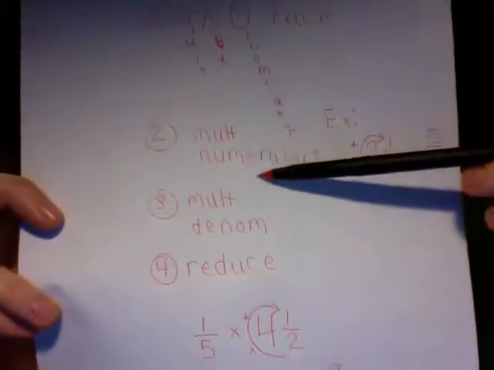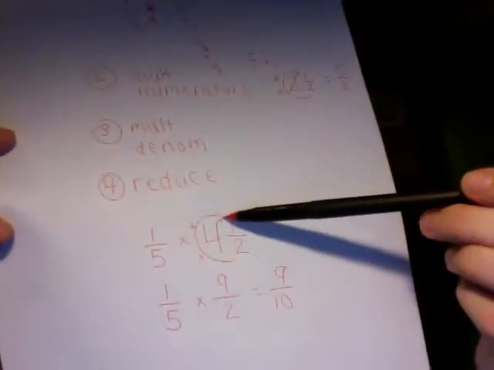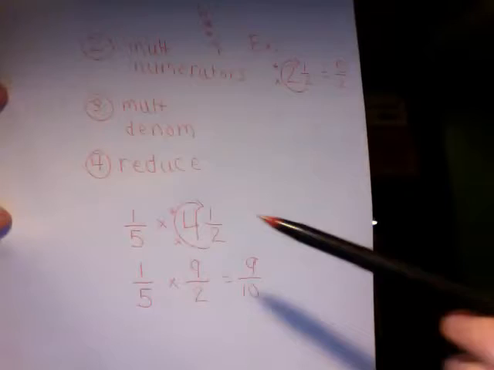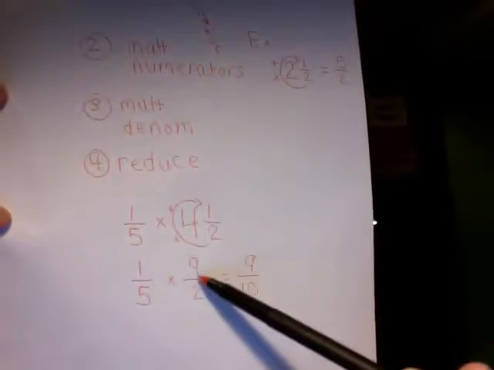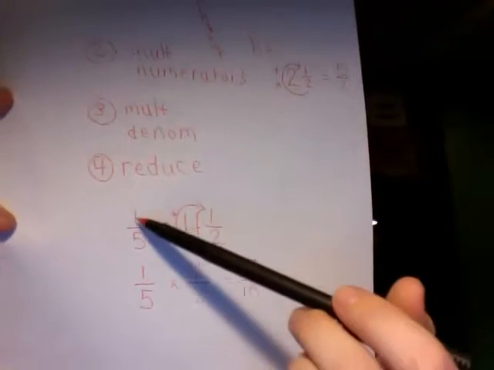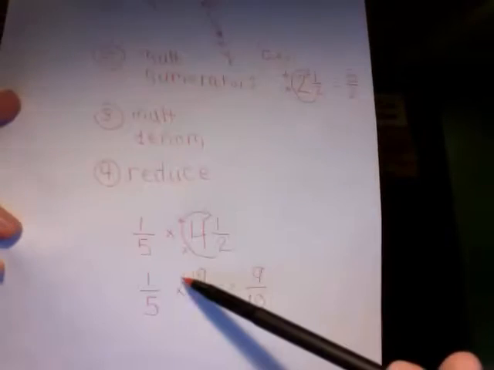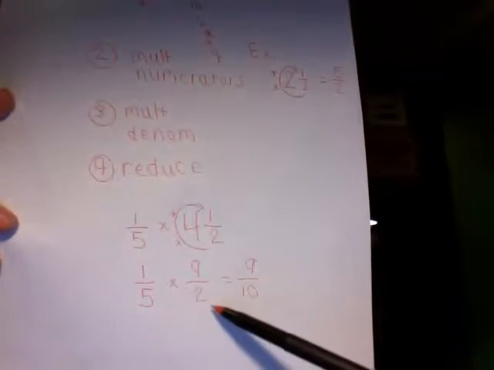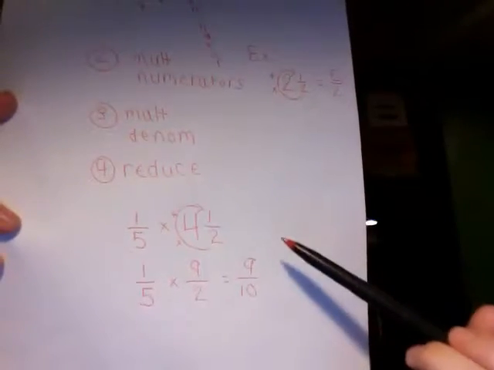Then you multiply numerators, multiply denominators, and reduce. So I MAD face 4 and 1/2 becomes 9/2. I leave 1/5 alone. 1 times 9 is 9. 5 times 2 is 10. So 9/10.